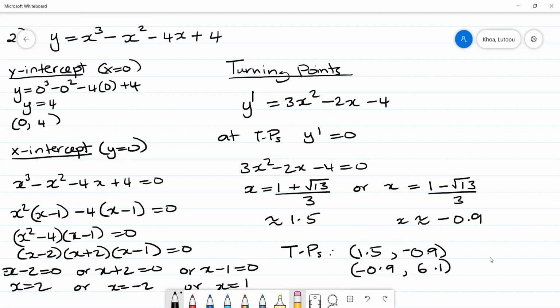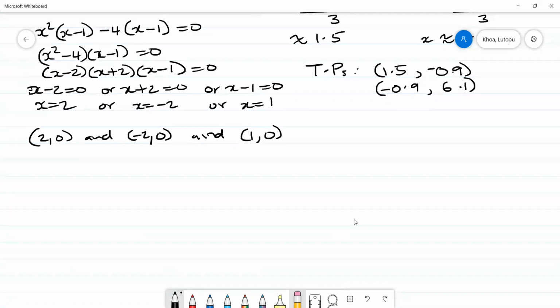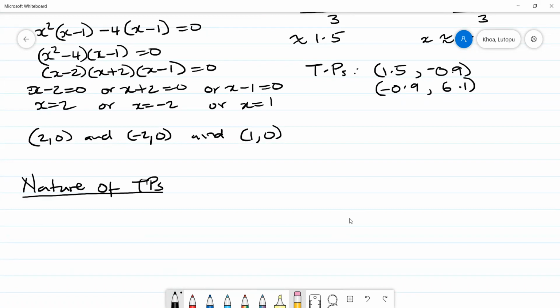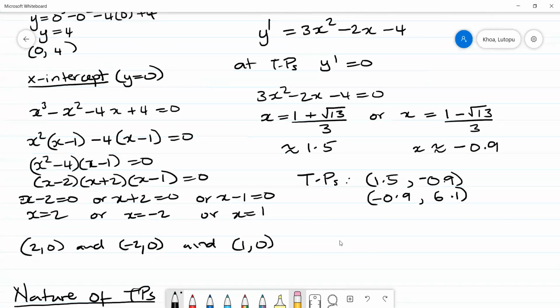Okay, so now that I have my turning points, I need to determine the nature of my turning points. To determine the nature of the turning points, we use the second derivative test. So y double prime: I take the first derivative and differentiate it, so I get 6x minus 2.